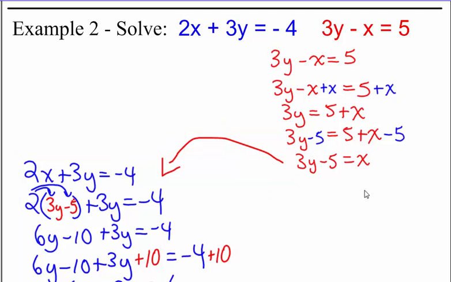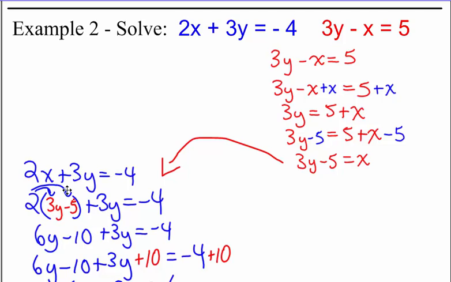Now remembering what this is saying, that for all points on the red equation, x is exactly equal to 3y minus 5. And since we're looking for the one point from this red equation that is also on the blue equation, I can substitute the x value with the 3y minus 5 into the second equation here.